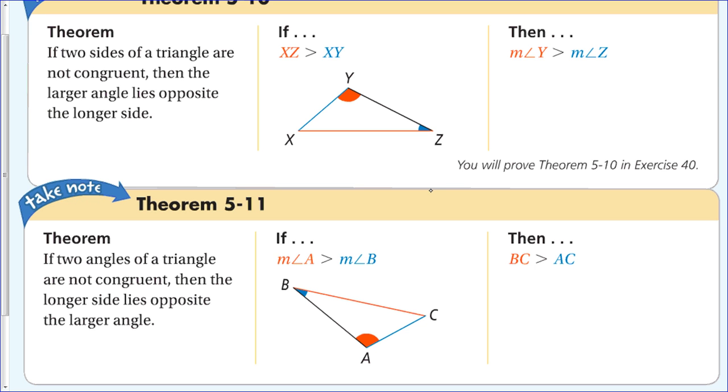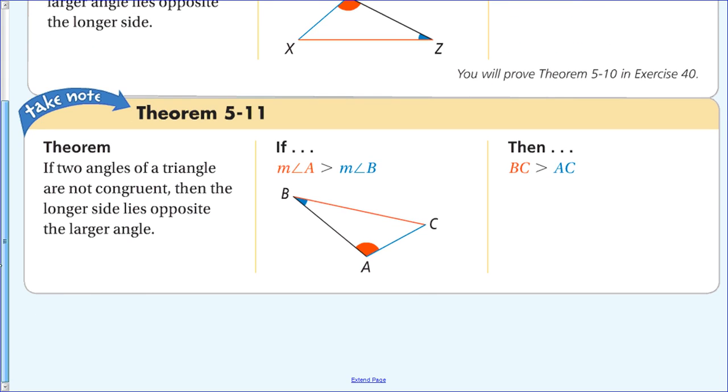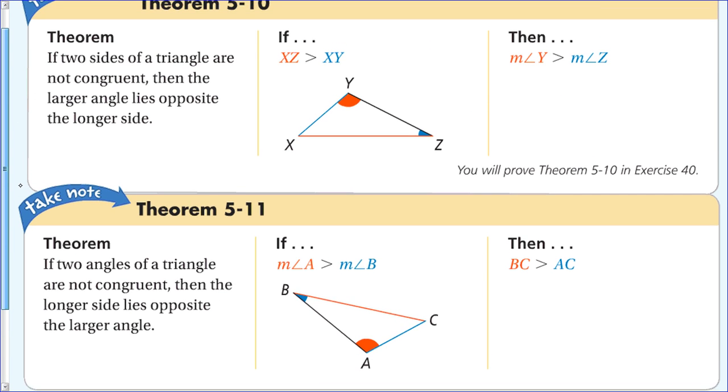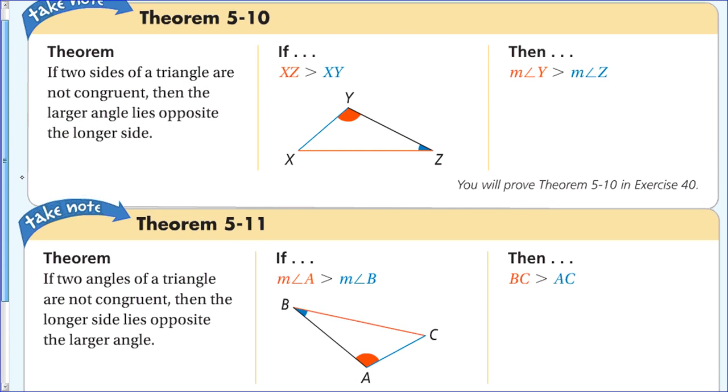So largest side opposite largest angle, smallest side opposite smallest angle. That's basically what these two theorems say, and that always, always, always is the case. It's always going to work that way. It's never going to change.